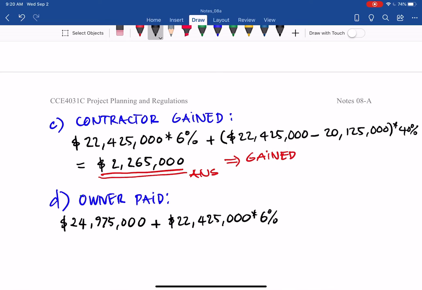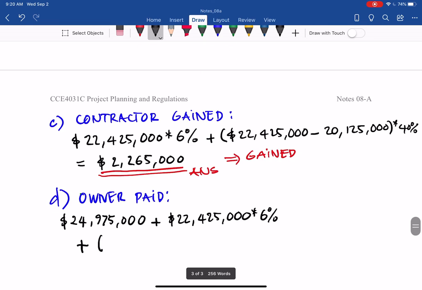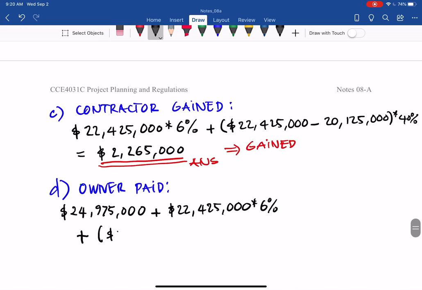Plus here 22,425,000 minus the actual spending on the project, 24,975,000. This is a negative number, and this is the total overrun.